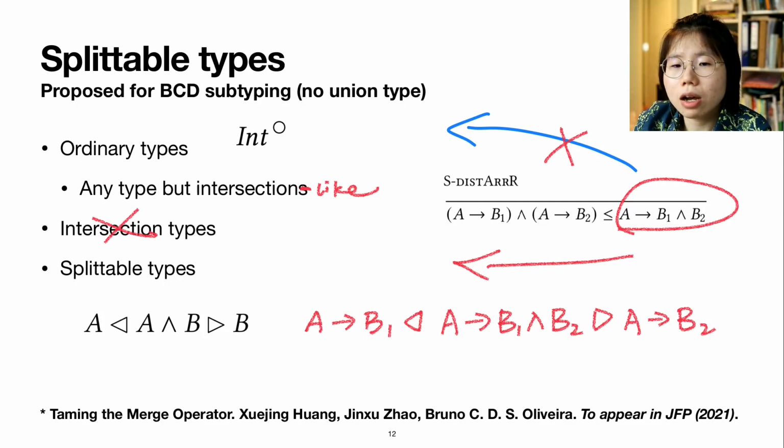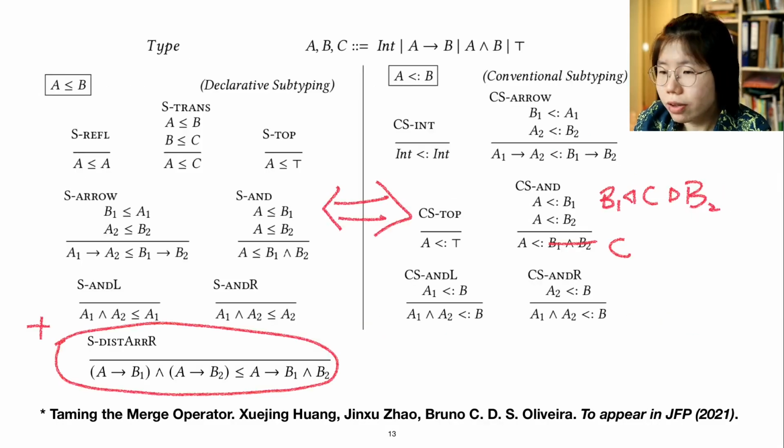So the idea of splittable types is to redraw the boundary between them and divide such function types into the same group as intersection types. Every splittable type can be split into two parts and it behaves like an intersection of the two parts. Via this approach, the BCD problem is solved by revising the conventional formulation a little bit, just generalizing the rule of intersection types to splittable types.